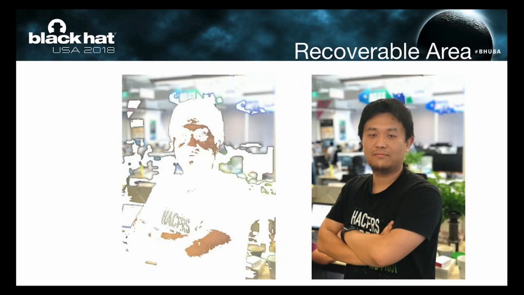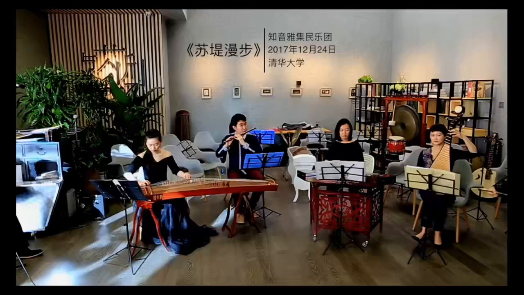So this is my picture, and the recoverable area lies in here. Which means if you place a watermark in these areas, it can be actively cancelled. Remember this picture? The recoverable area lies here.